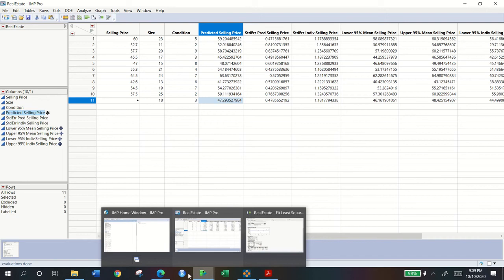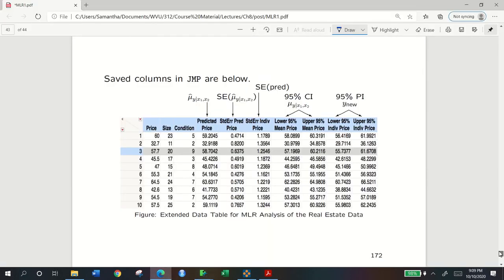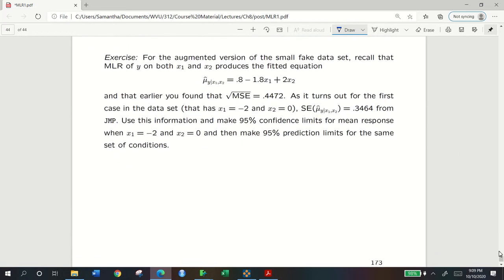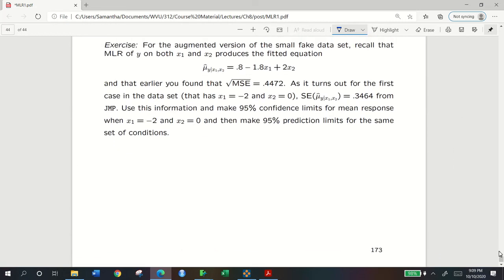To finish up this lecture, we have one last slide, and that is to use that small fake data set to create a confidence interval and prediction interval. I'm just going to give you the final answers, and let you calculate this on your own so you can get that extra practice. If you get stuck, send me an email.